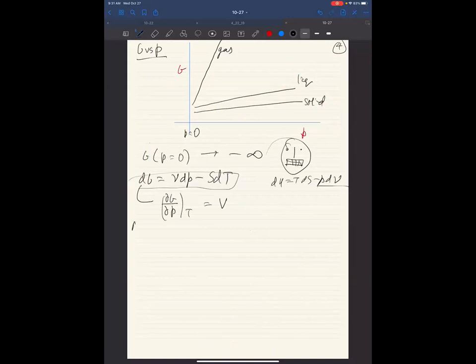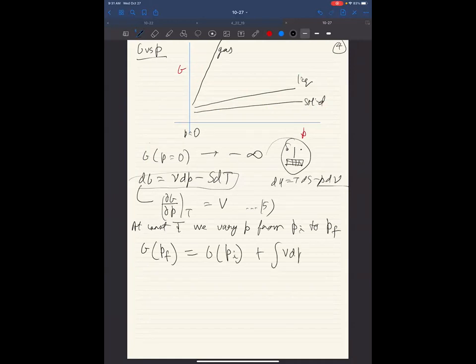So if at constant T we vary pressure from Pi to Pf, some initial pressure to some final pressure, then we can integrate this equation and write that G at some final pressure Pf is equal to G at some initial pressure Pi plus the integral of V dP as the pressure went from Pi to Pf.